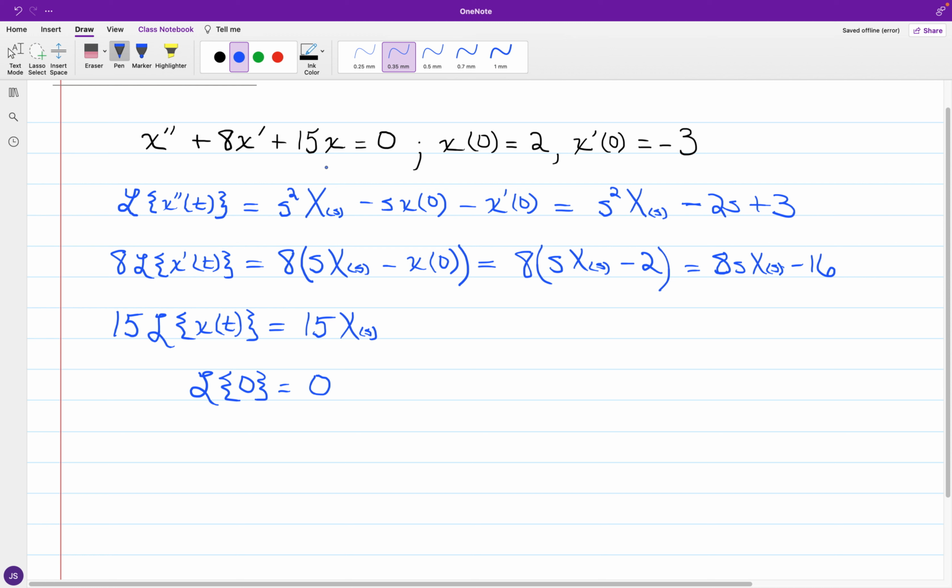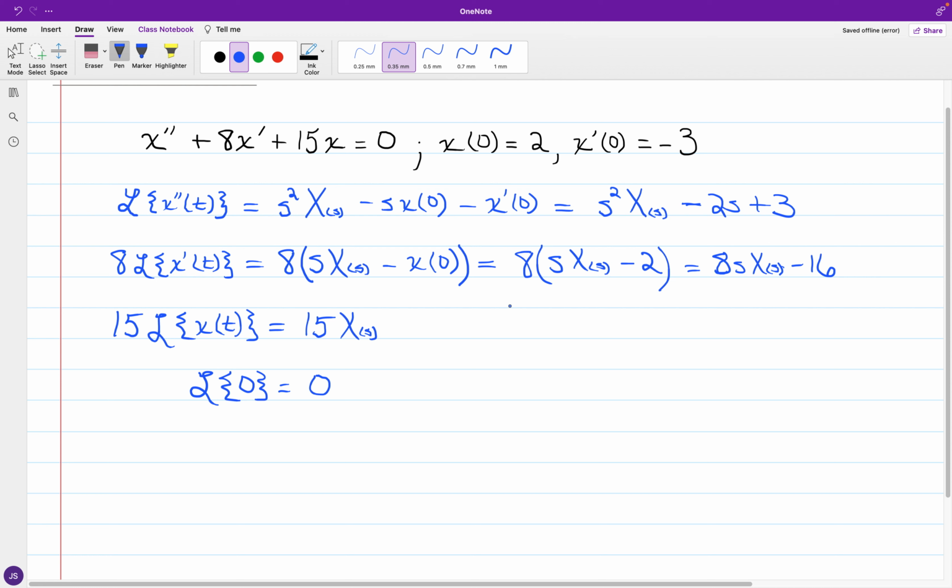For 15x, if I take the Laplace of 15 times x of t, this will be 15 times the Laplace x of s. And for the coefficient 0, if I had a non-negligible constant, the Laplace transform would be that constant divided by s. However, 0 over s goes to 0.